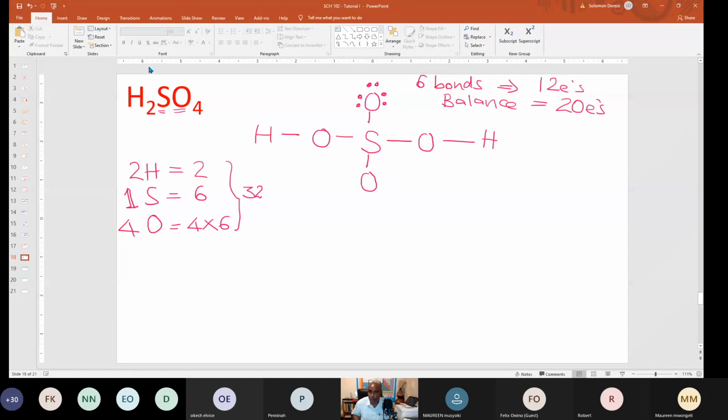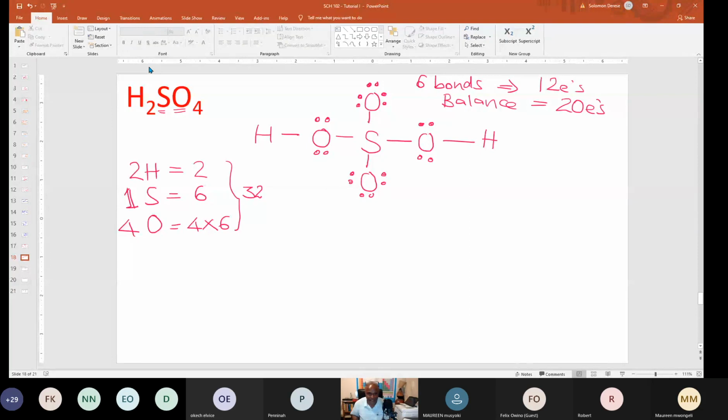This other oxygen also will need 6: 1, 2, 3, 4, 5, 6. These are 12 electrons. We're left with 8. Those electrons will be used to fulfill the octet of the oxygens: 1, 2, 3, 4, 5, 6, 7, 8.